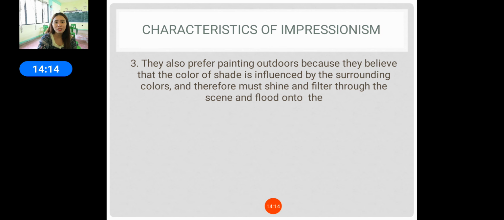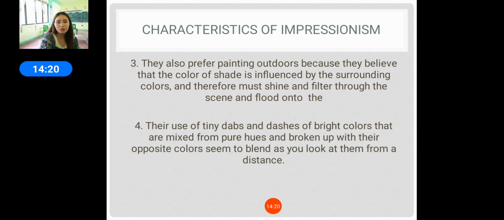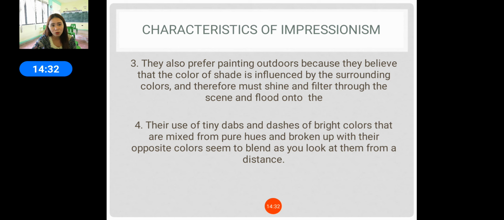Next one is, they also prefer painting outdoors because they believe that the color of shade is influenced by the surrounding colors and therefore must shine and filter through the scene and flood onto it.